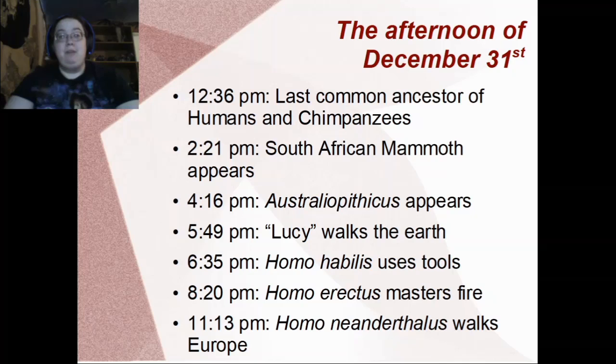At 8:20 p.m., Homo erectus masters fire. This is one of our ancestors. And with that mastering of fire, we're actually able to cook our food. This is what allows our brains to grow because we are doing things that make it easier for us to survive. By cooking our food, we don't have to worry about diseases as much.